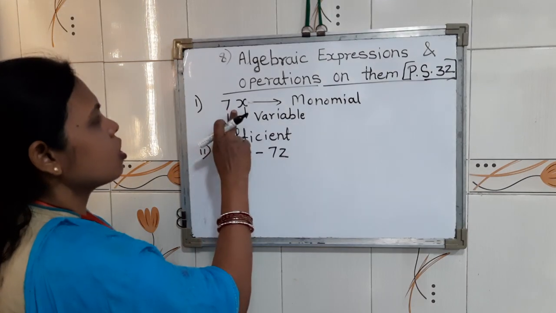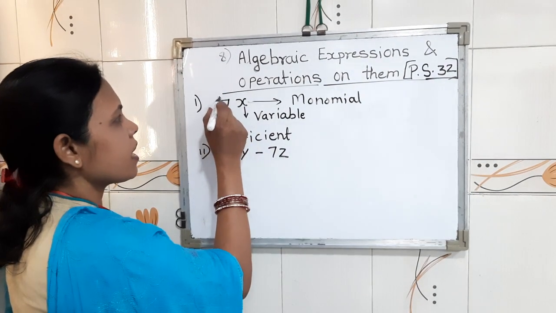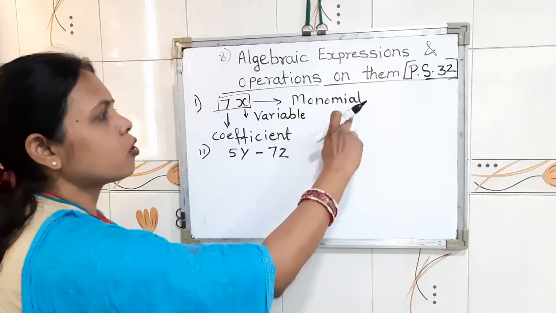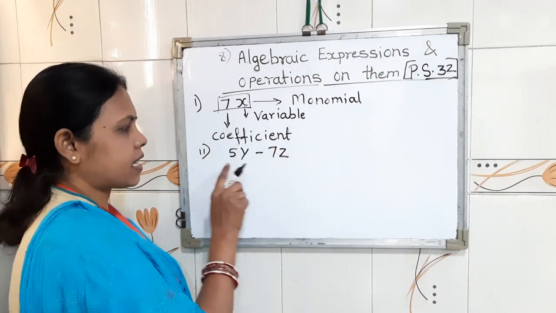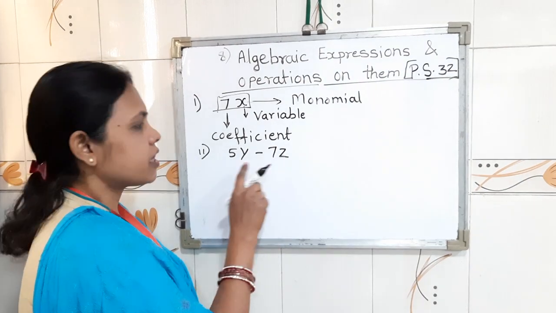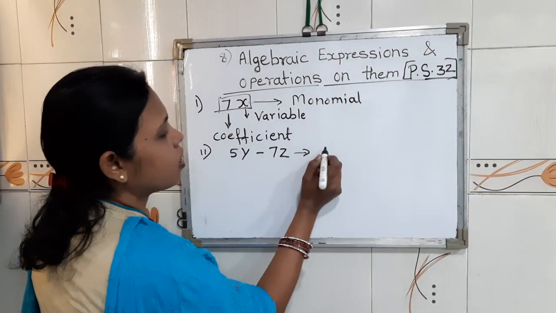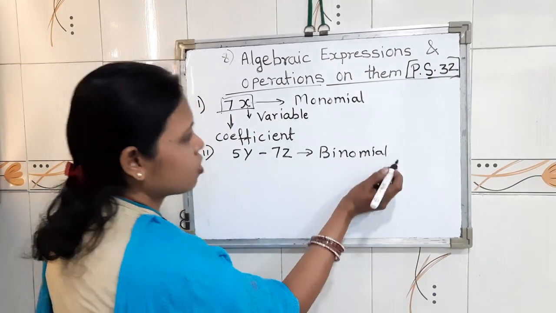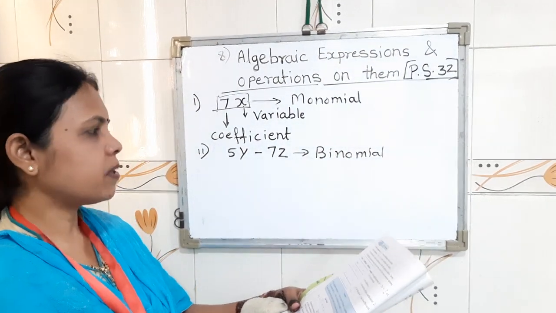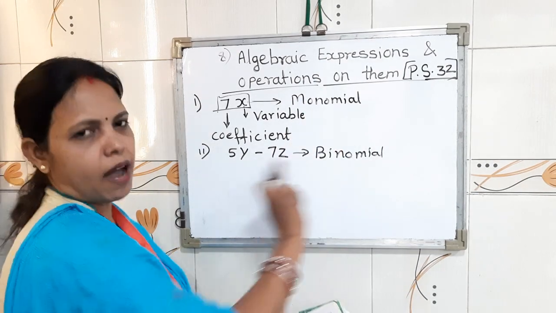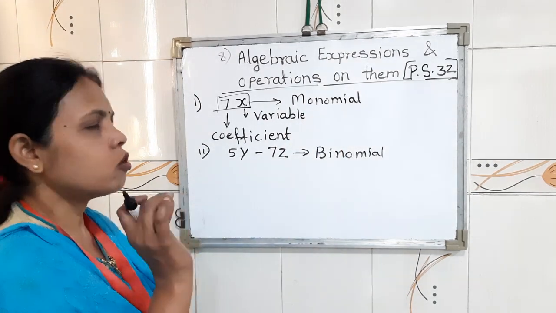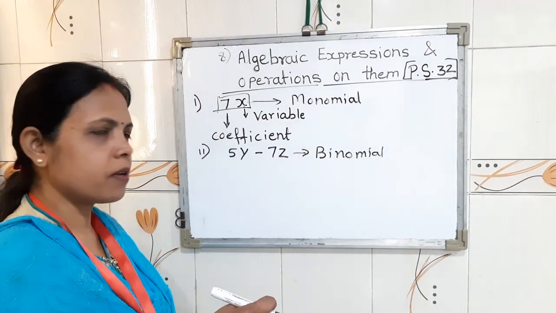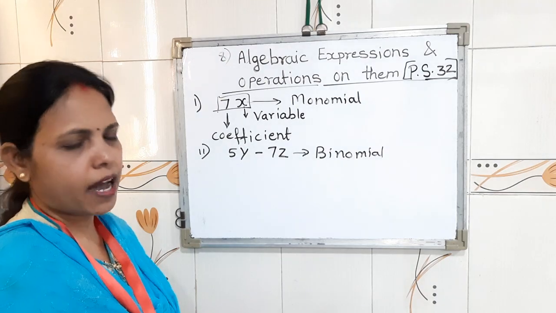In the first question, only one number and variable, so one term is there. That one is called monomial. In question number two, two terms are given. Therefore, we will call this one binomial. So children, we have completed monomial and binomial. I hope you understood from both questions which will be monomial and which will be binomial.